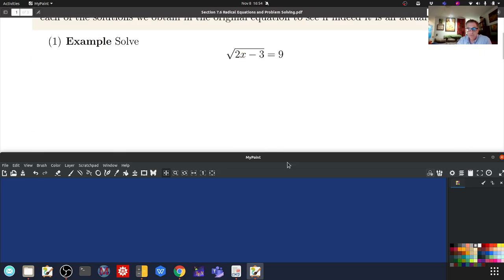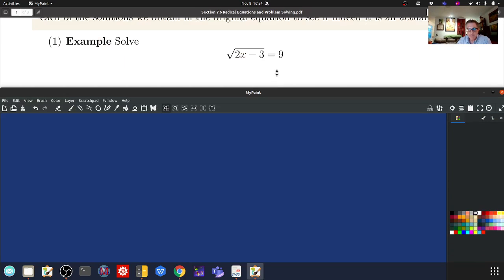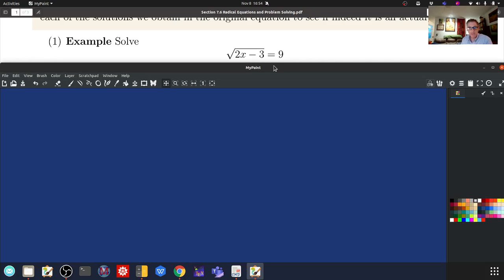So we'll go through the steps. So the general steps, here's my original equation. So this is 1. I have the square root of 2x minus 3 is equal to 9.